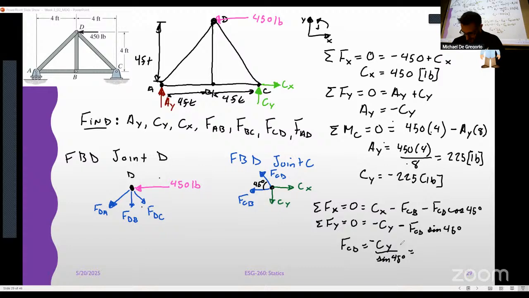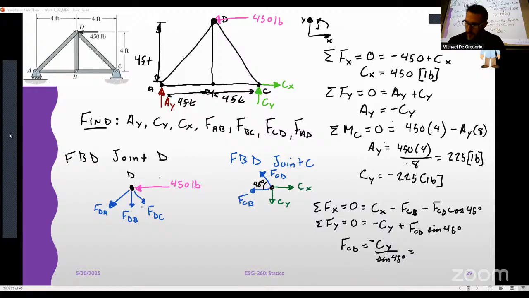So that is 318. Hold on. Which one are we looking at? CD, right? Yeah. Sorry, that should be plus. What am I doing? That's pointing up, right? CD is up and to the left. So that should be positive.